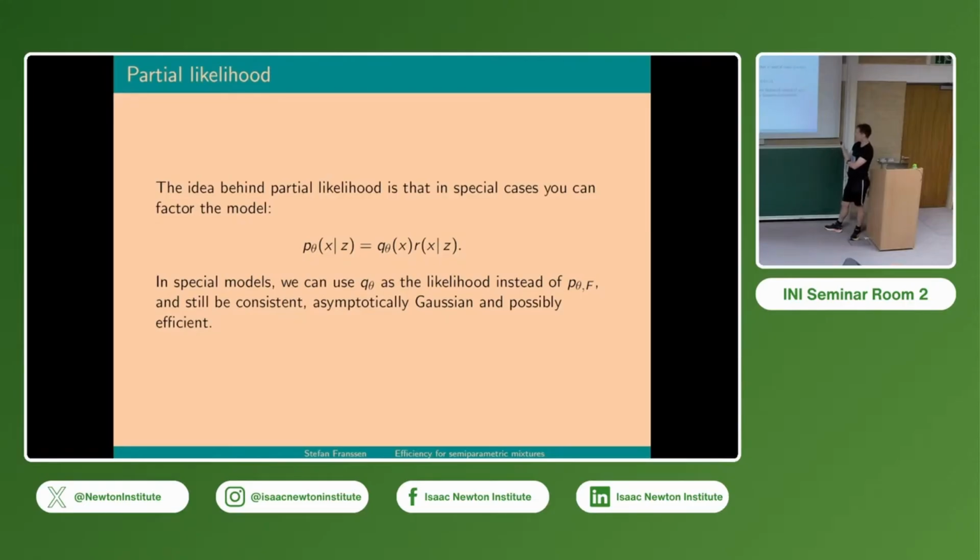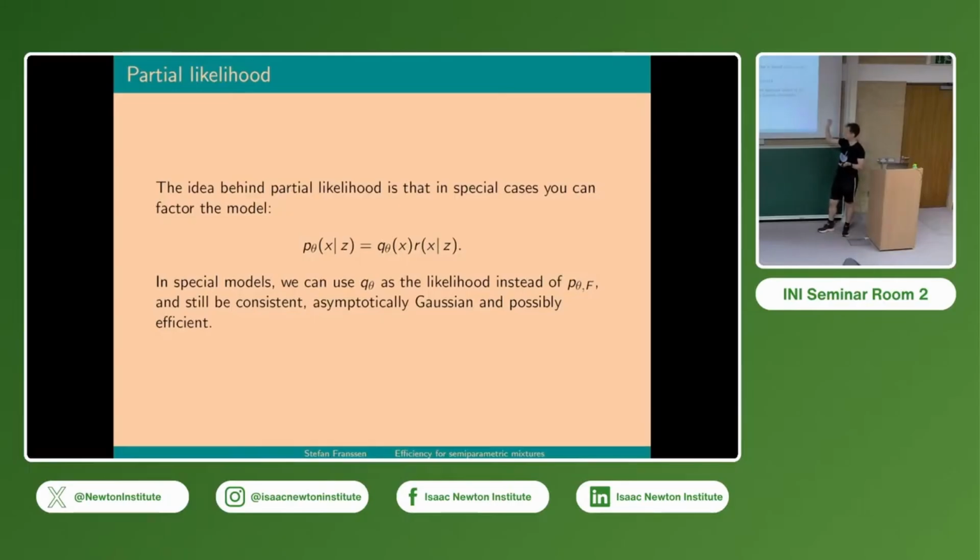And we can use this q theta, and we replace the likelihood in the maximum likelihood estimation. We just get rid of the r theta part, and we just use q theta, and we run maximum likelihood estimation, like normal parametric maximum likelihood estimation, because there's no latent variable involved anymore. So we don't have to do anything with the distribution of that parameter.